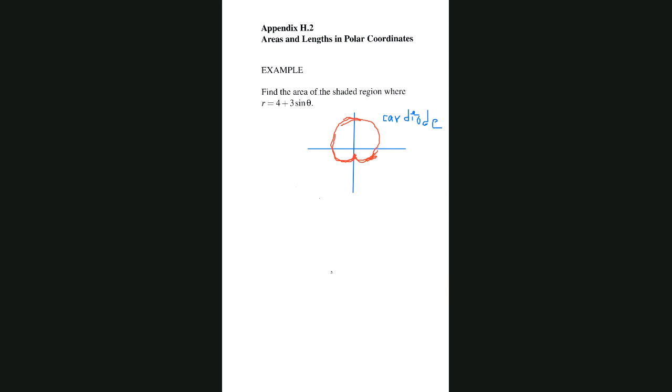I think I am. There is no E here. Nope, no E. And the shaded region I'm interested in is to the right here. Just the right half.